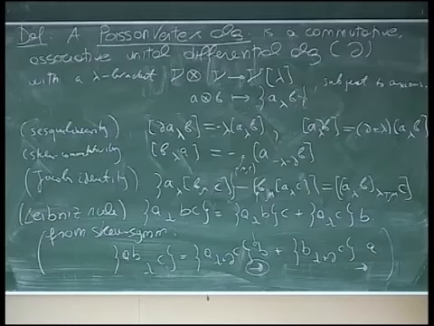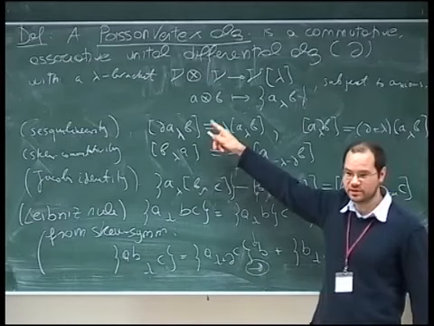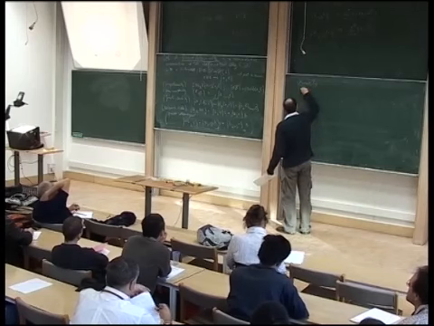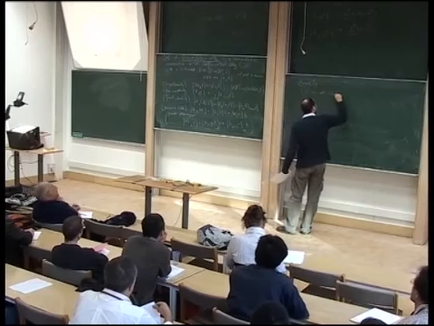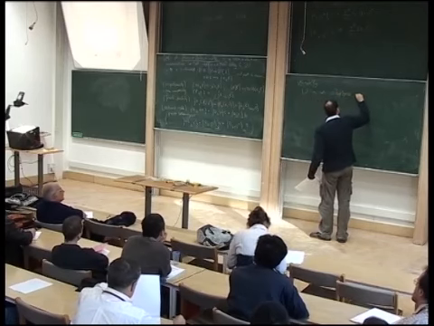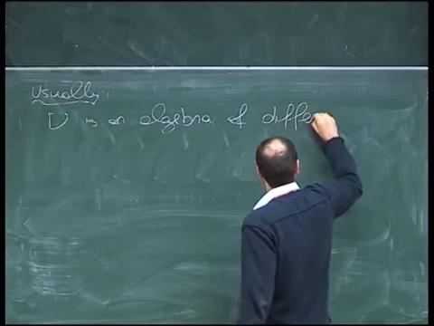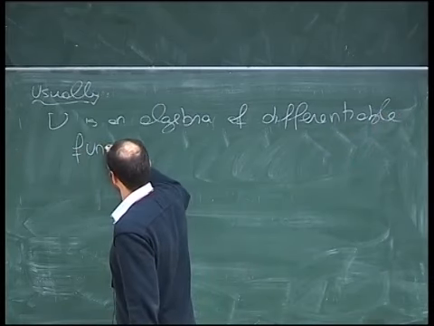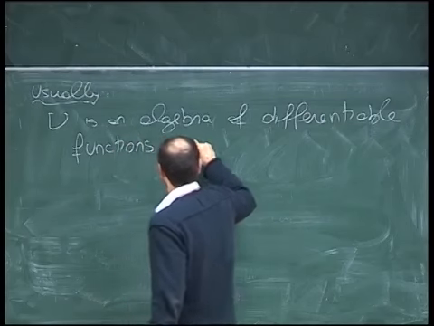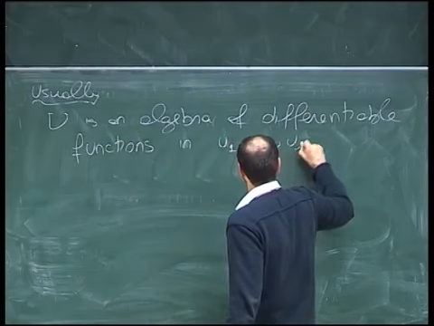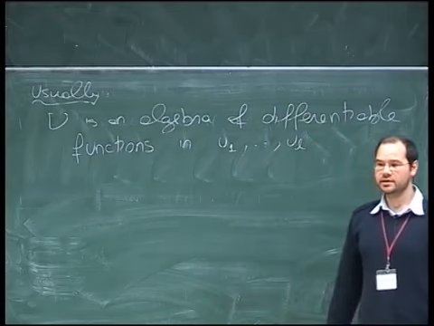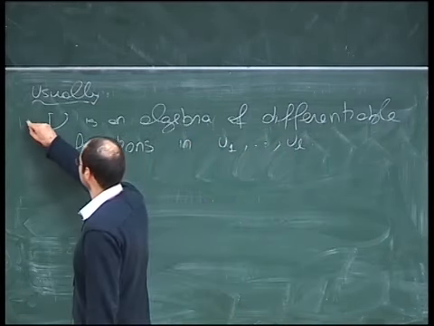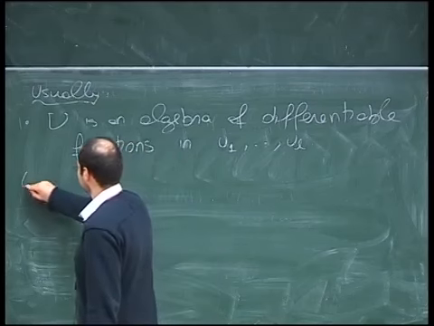Usually the space on which we define such a Poisson vertex algebra structure is what Victor called an algebra of differentiable functions in the variables u1, ..., ul. Namely, as he said, when we have commuting partial derivatives.